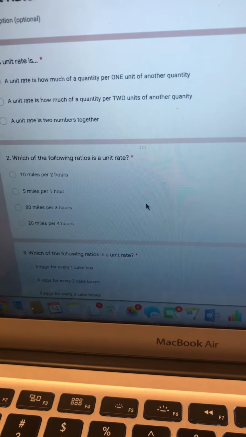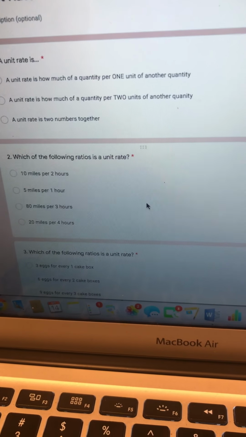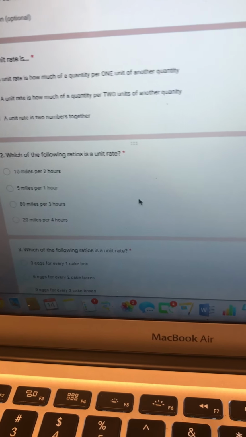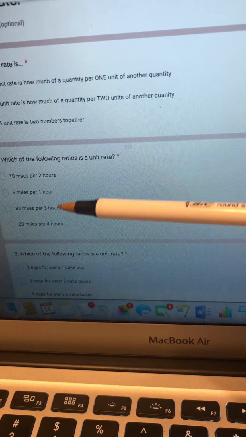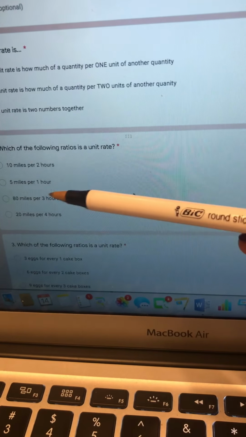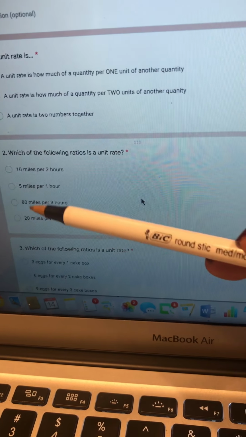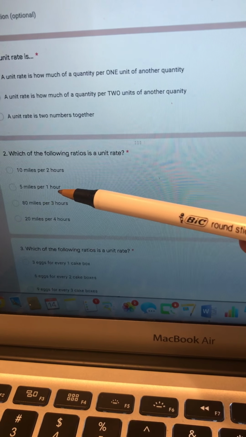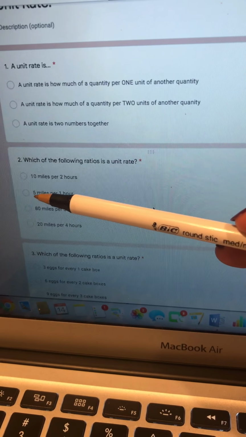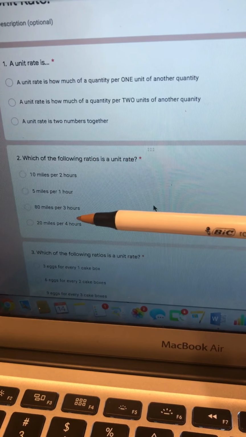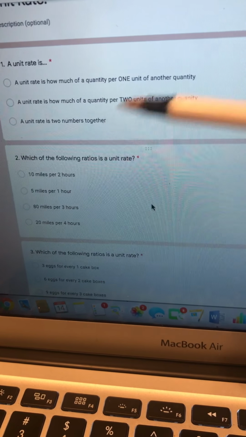Now we know that a unit rate is how much per 1 unit, 1 quantity per 1 unit of another quantity. Now if I look at all of these, I already see a quantity per 1 unit of another. So if I look at this example, a unit rate would be 5 miles per 1 hour, and the reason why is because it is how much one quantity is, which is miles, per 1 unit of another quantity.